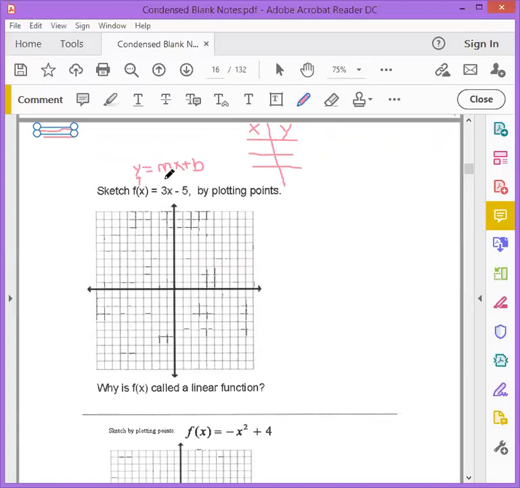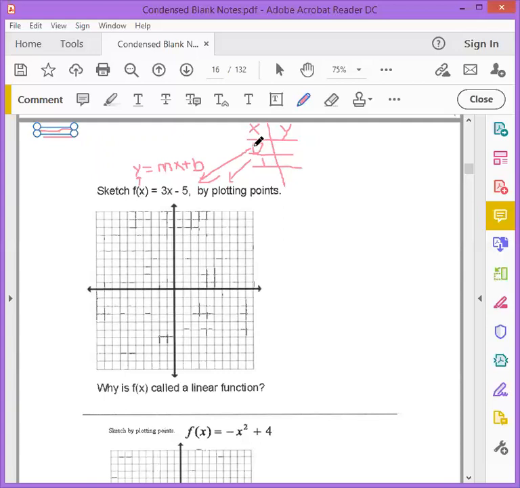So when you have a standard linear equation written in slope-intercept form, you only need 2 points to graph the line. So we're going to use easy points. We're substituting 0 for x and 1 for x. We're going to substitute those values into our function and determine the values of y. We'll plot those 2 points we get and then connect them to draw the graph.